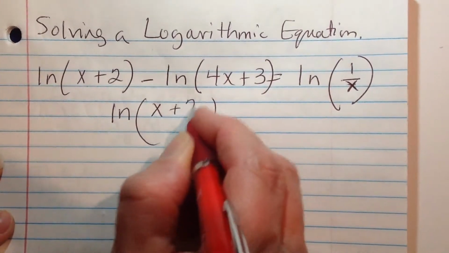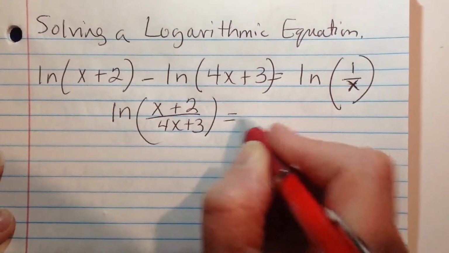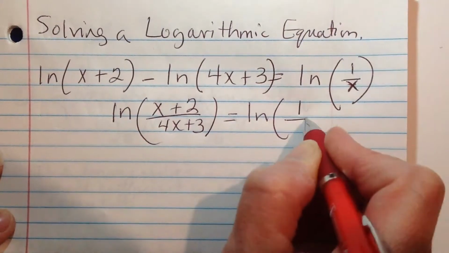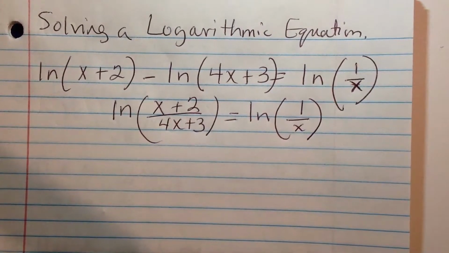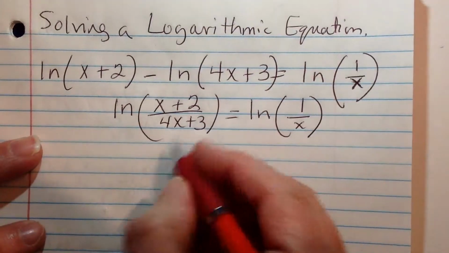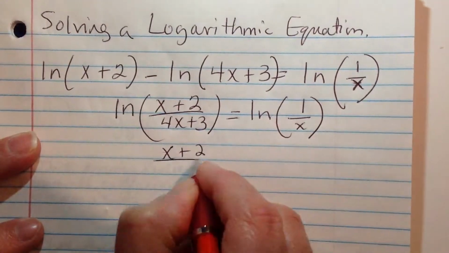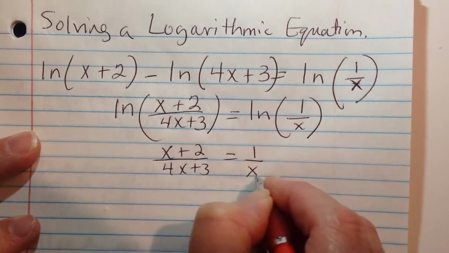So I'll put ln of x plus 2 divided by 4x plus 3 equals ln of 1 divided by x. Now I'm going to use the one-to-one property. Being that I have the ln equal to the ln, let the ln's go, and I end up with x plus 2 over 4x plus 3 equals 1 over x.